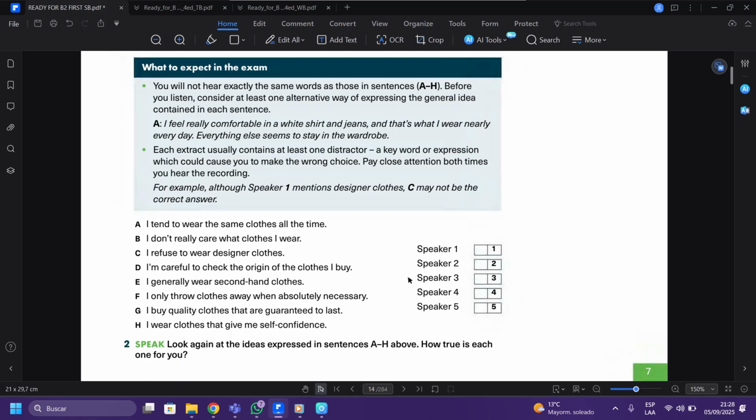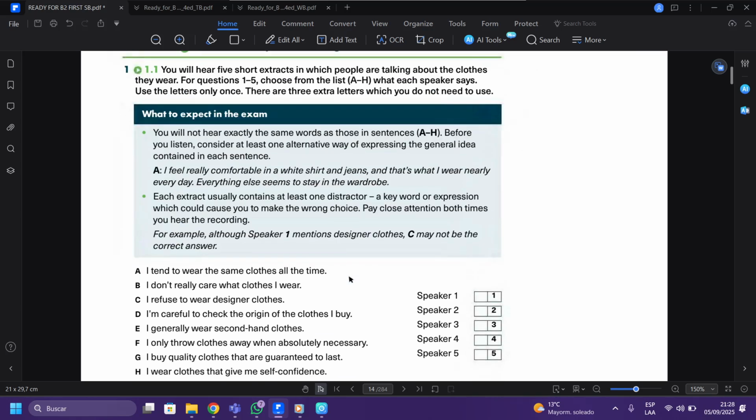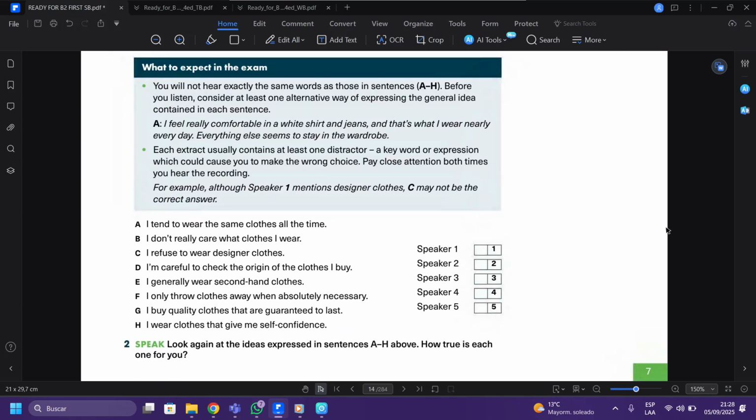What you have to do here is write in the box the letter according to the audio. For example, if the sentence letter B is mentioned by speaker 2, you have to write it next to the box. I'm going to play the audio and you have to listen. You're going to listen twice. So get ready.